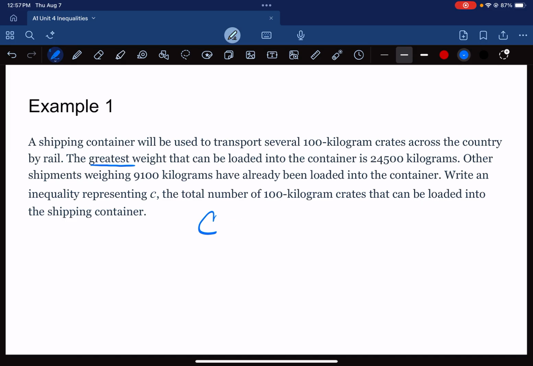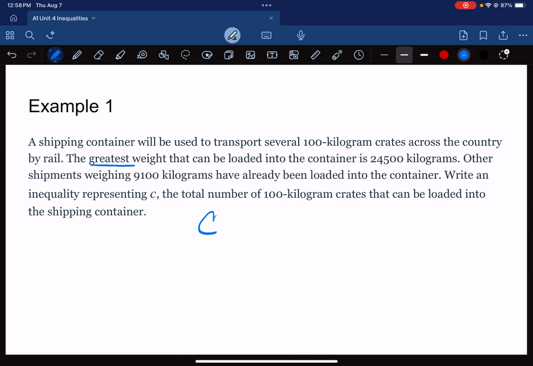Well, when the story begins, I guess we need to figure out first how many crates we can load in there without exceeding the weight, right? So the greatest weight. What does that mean about the weight of this thing?